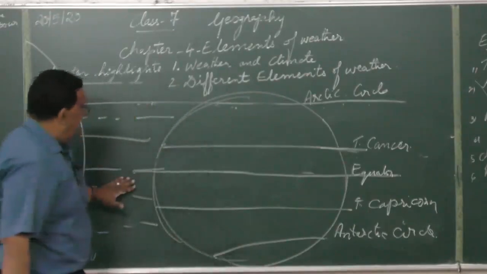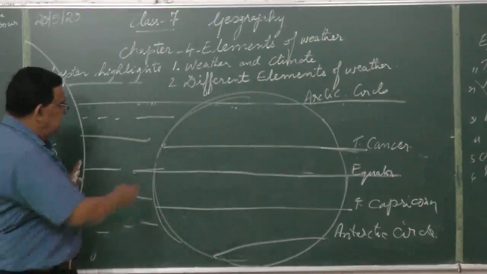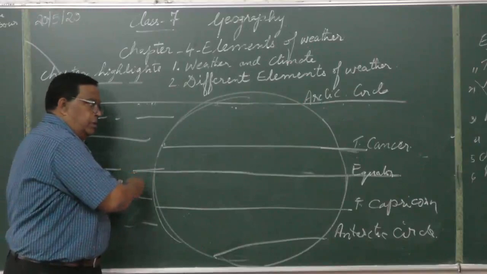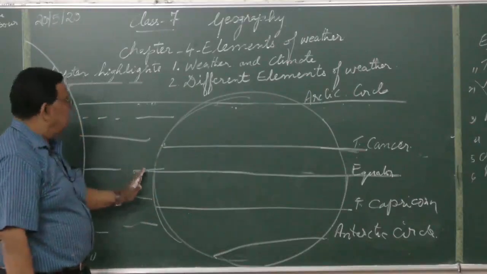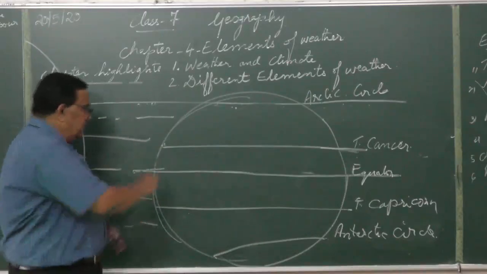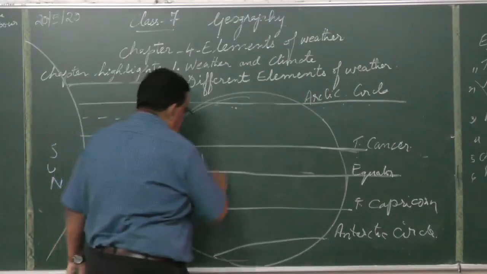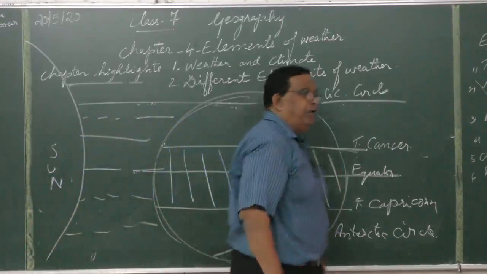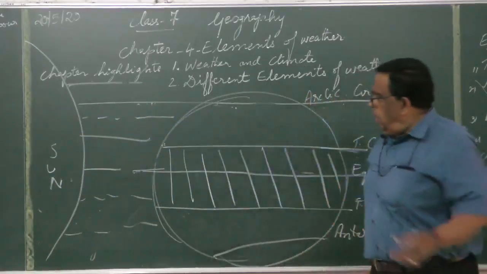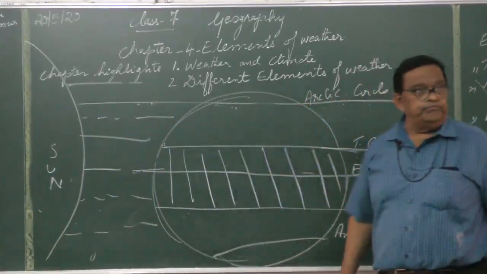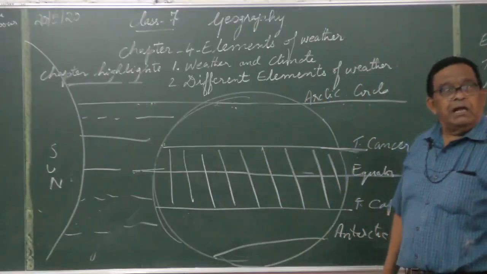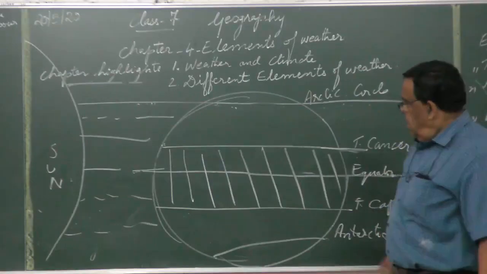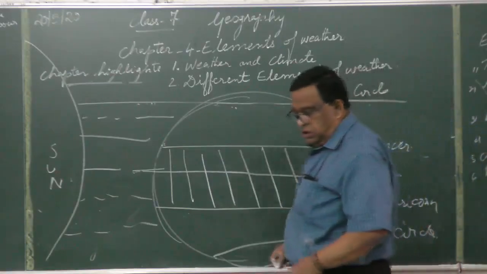This is the shortest line because the distance that these rays take to reach the Earth is shorter compared to the others. So this area where our Earth is getting the direct rays of the sun, this zone, which I said a climatic zone, heat zone, is called the torrid zone.